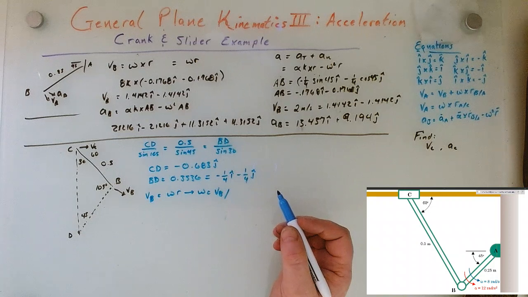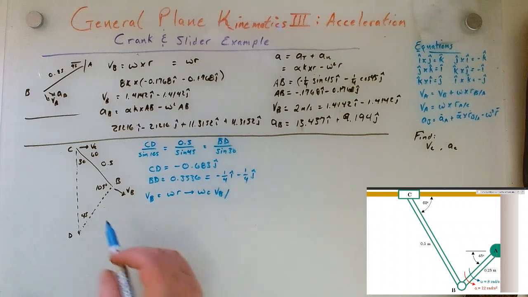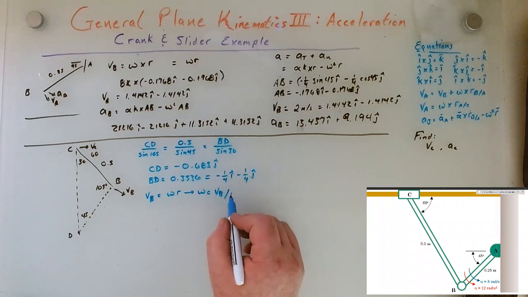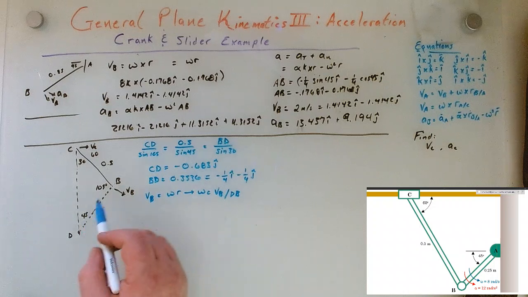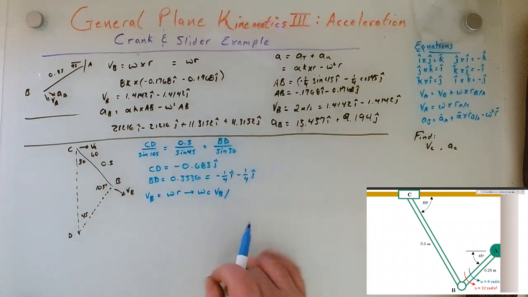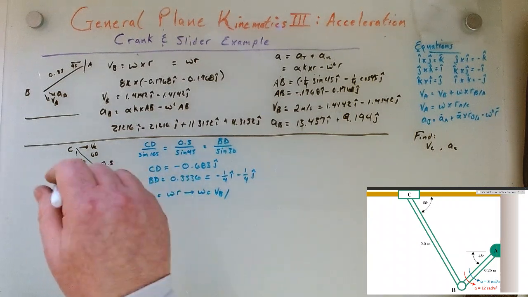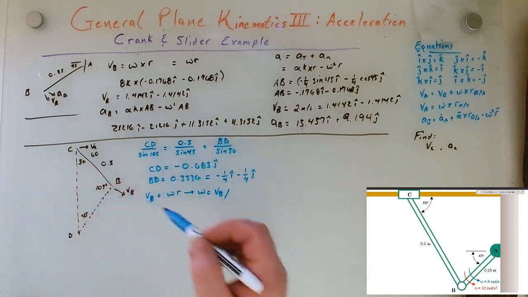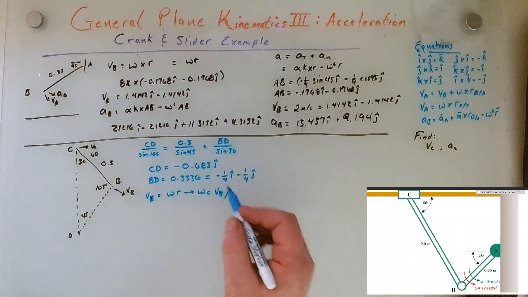Is that right? No, we need to cross there, so this is actually dB. It doesn't really matter, we can go either way. That direction, cross there, gets us rotating in this direction. We can work it out in a second.